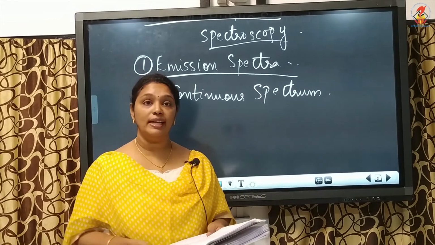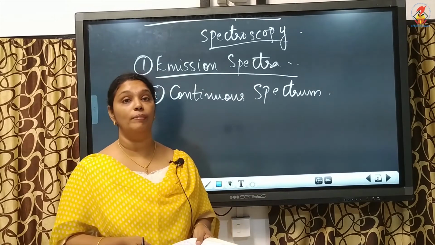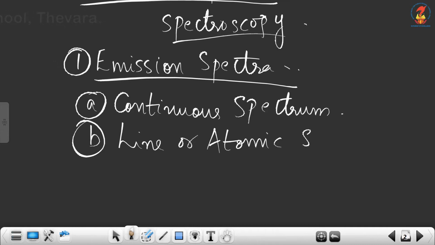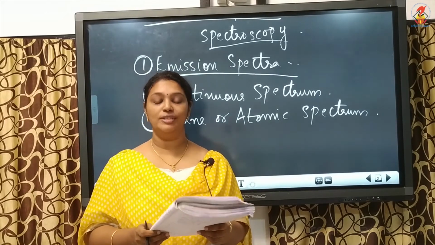Okay, now the second type of emission spectrum is line spectrum or atomic spectrum. Now, atomic spectrum is observed when radiations are emitted by atoms in gaseous state.